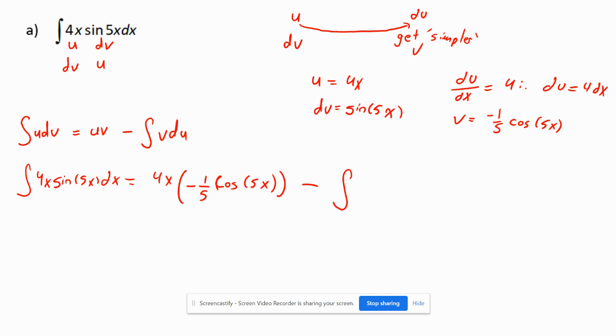This is the v du part. Negative 1/5 cos of 5x, du is 4 dx.